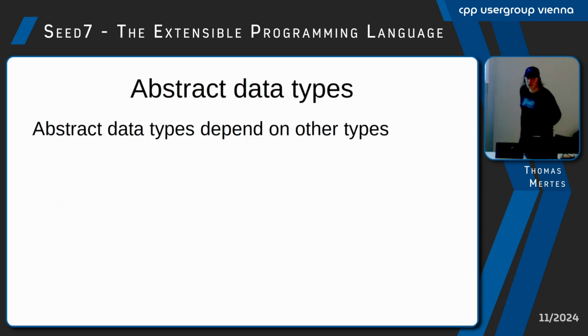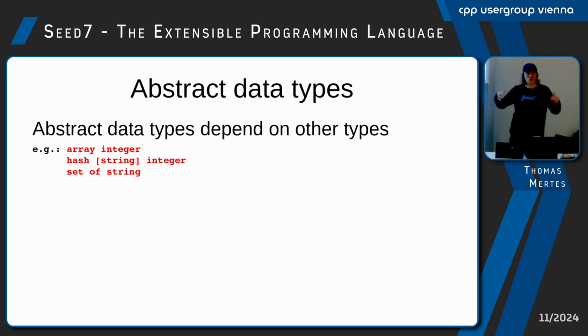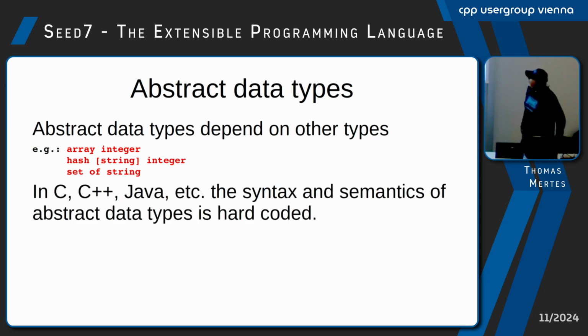And what is an abstract data type, you may question. These are types which depend on other types. For example, arrays, hashes, or sets. So we all know arrays and so on, but usually in C, C++, in all the usual languages, the syntax and semantics of abstract data types is hard-coded, and the user cannot define some of them.